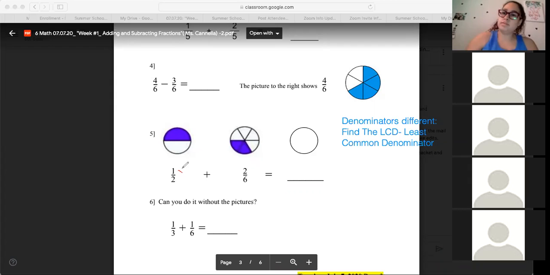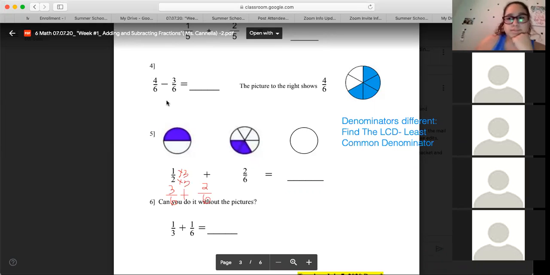So you're going to make this times 3 here, and that times 3. So now the new fraction is 3/6 plus 2/6, right? Which is how much? 3 plus 2 is how much? 5/6. Excellent job. So now the new fraction would be 5/6.